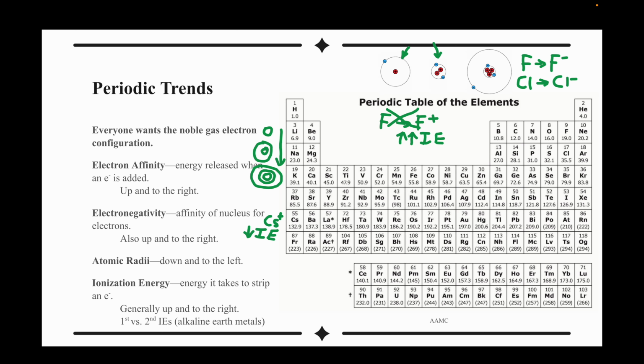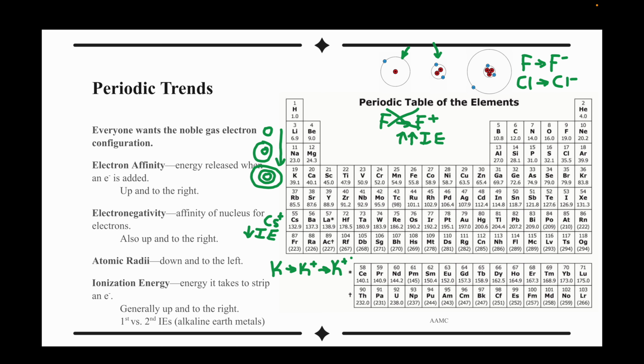One thing you should also know about ionization energies is first and second ionization energies. This is an important difference to remember between alkali metals and alkaline earth metals. If we draw out something like potassium going to potassium plus, that will have a low ionization energy because this reaction is very favorable. It won't take much energy to do at all.